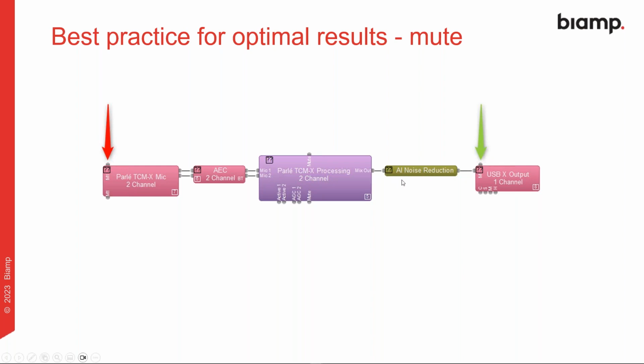AI takes a very, very short amount of time to converge and start removing unwanted noise. But if the mic is muted, it's getting nothing. And when you unmute it, all of a sudden it has to figure everything out. So best practice would dictate that you mute it after the block. And this makes sense anyway, because if you're connected to a UC system that supports mute sync, this output block is the one that's going to track to that anyway.